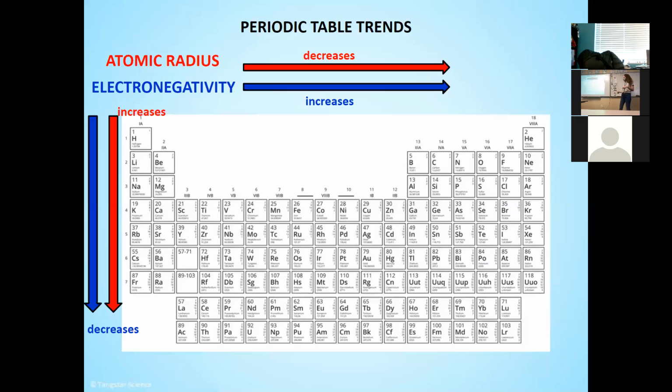And of course, as you go down, you get more shells, so they're going to be bigger. So radon is going to be smaller than cesium, even though there are more electrons in radon.